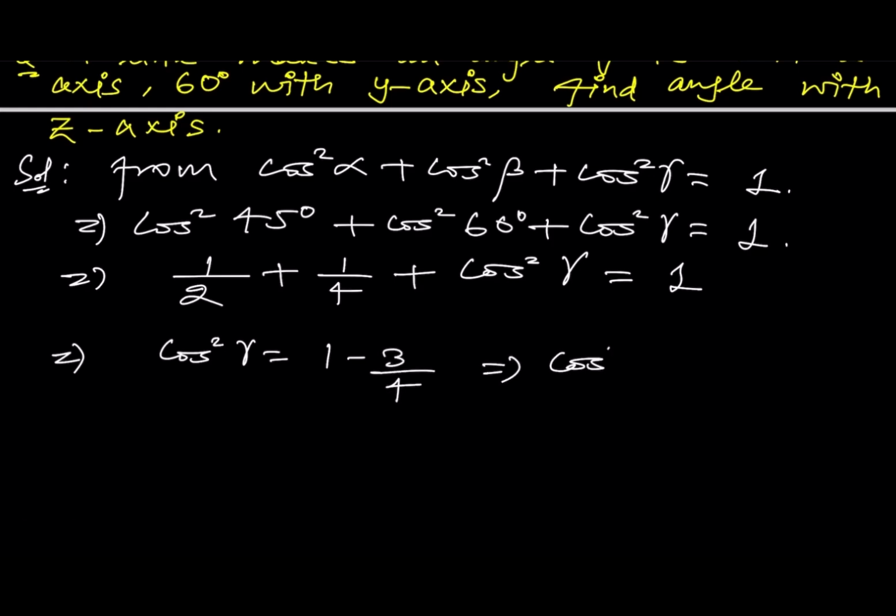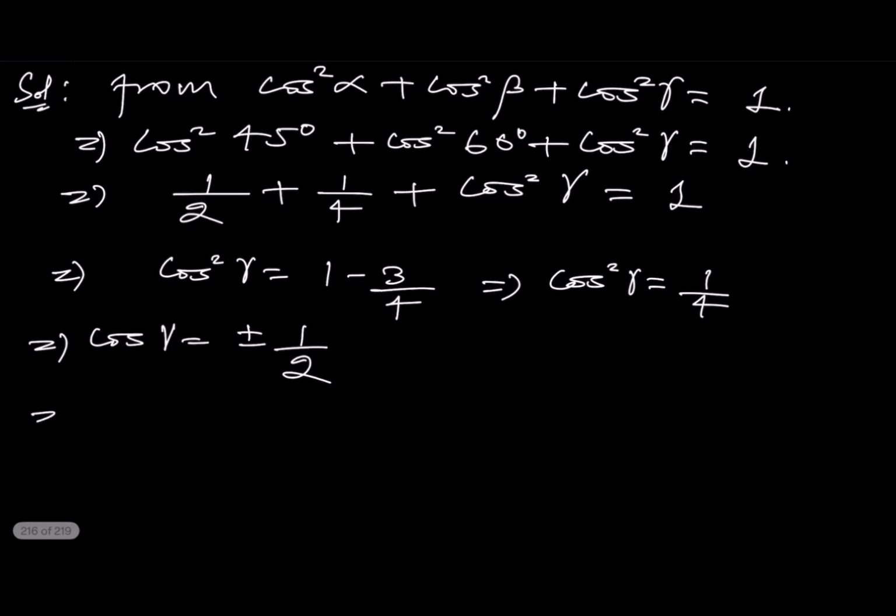So cos gamma is equal to plus minus 1 by 2. If cos gamma is 1 by 2, then gamma is 60 degree, and if cos gamma is minus 1 by 2, then gamma is 120 degree.